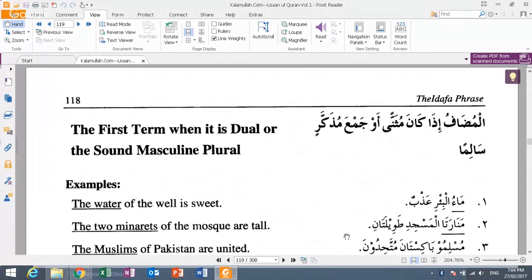So it looks like wahid, isn't it? I have seen one person of the city, one city's person. Or Ra'aytu Rajula al-Bayti, the person of the house, isn't it?